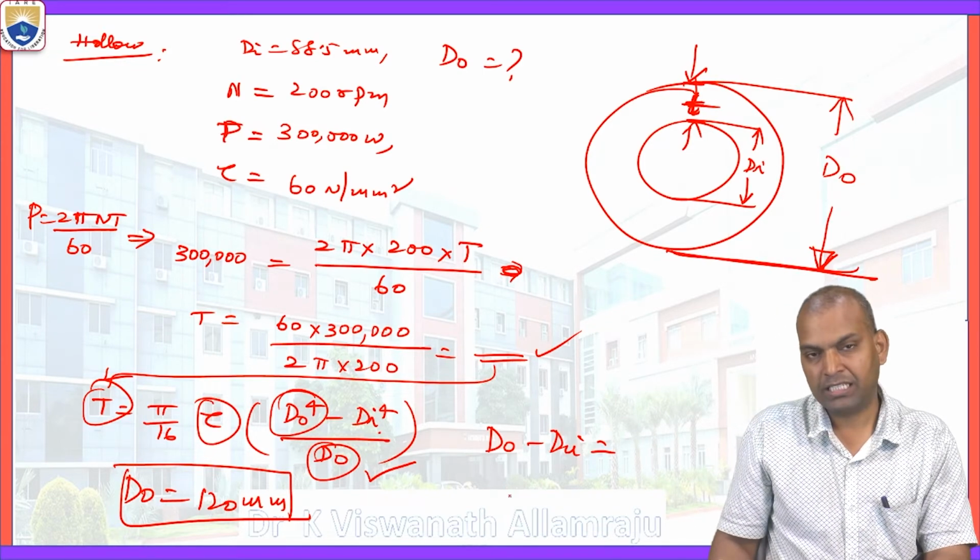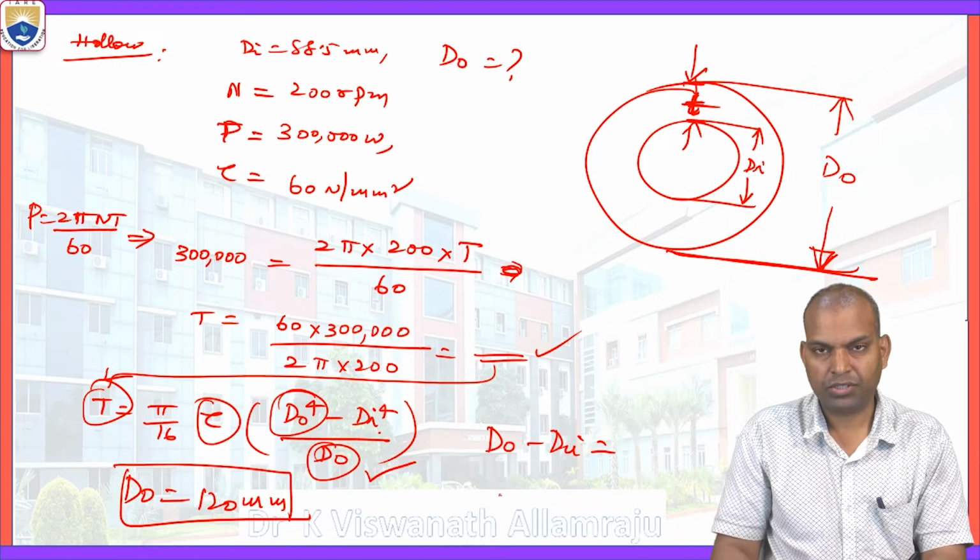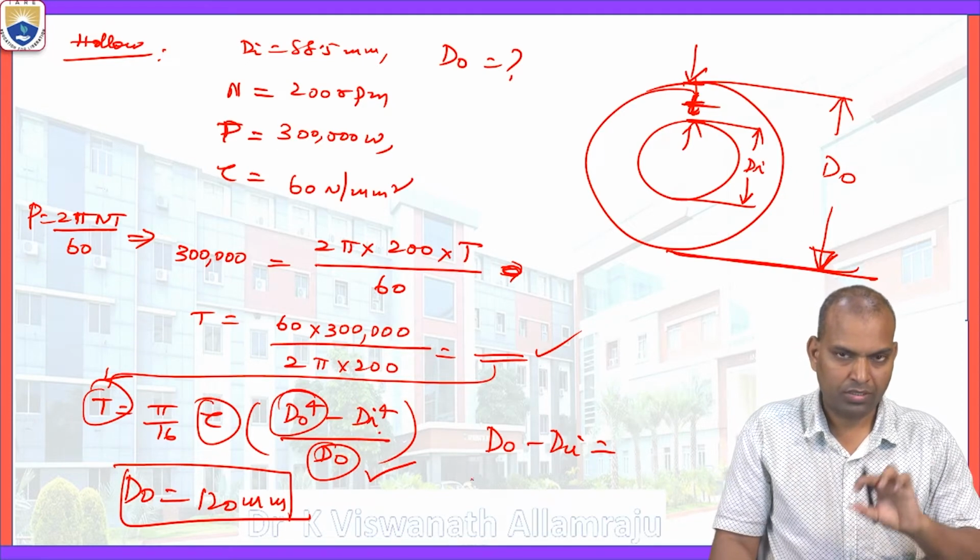So (d naught minus di) by 2 gives the thickness of the shell, the thickness of the hollow.